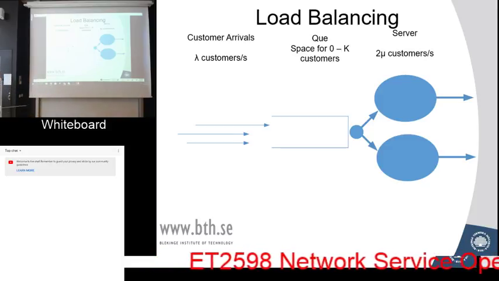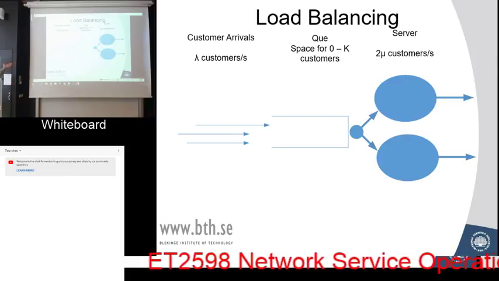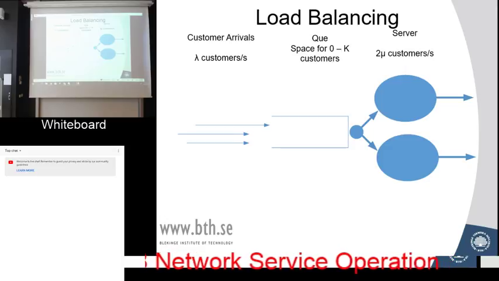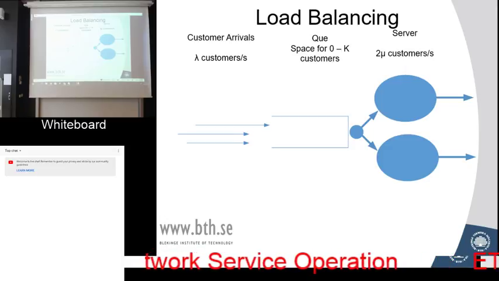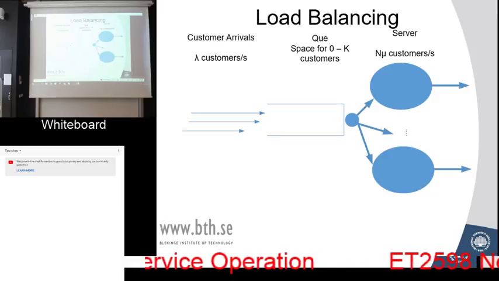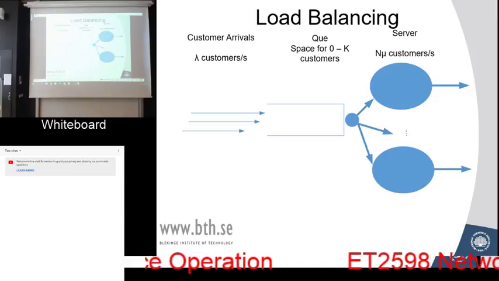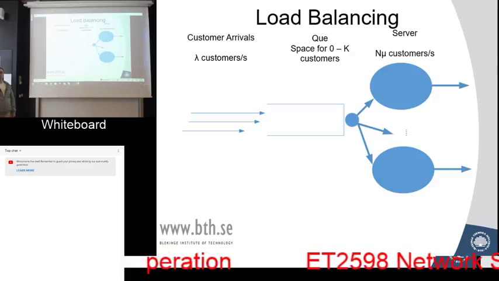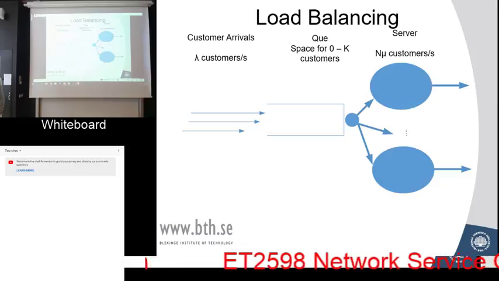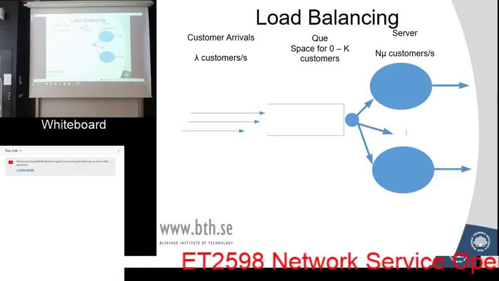So suddenly, before in this case we had lambda customers, now we have 2 mu customers per second. Double the performance, right? And we can actually scale this to n times mu customers per second by adding additional servers. Really powerful, right?